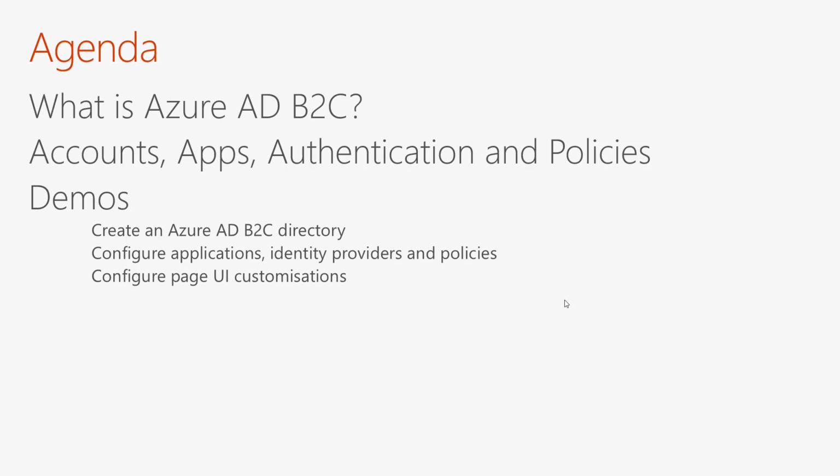First one thing, and then again it's visualized also. I'm going to be taking a real world example with an application, and then I'm going to be using Azure Active Directory B2C in order to provide authentication to that application. So all going to be driven through the demos. Also at the end I'll be talking about the UI customizations.